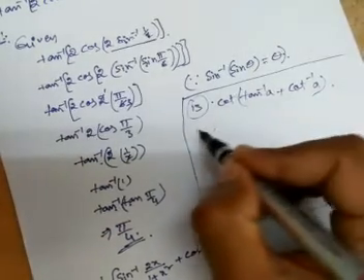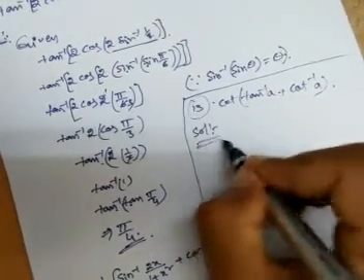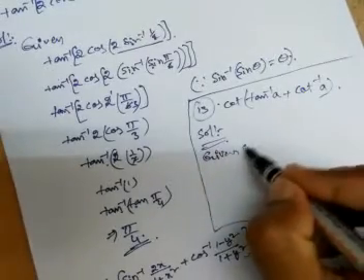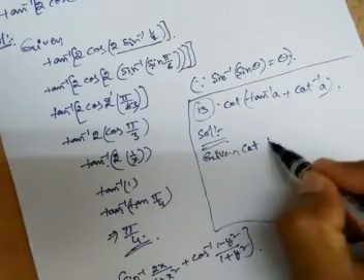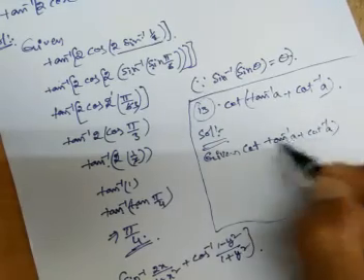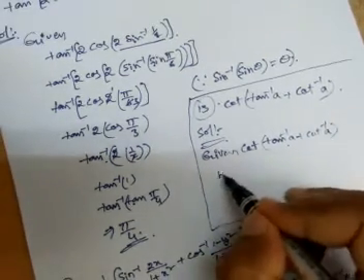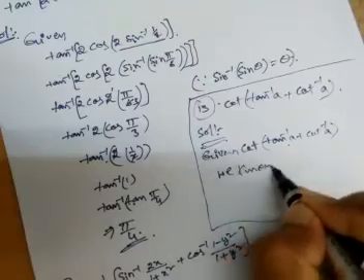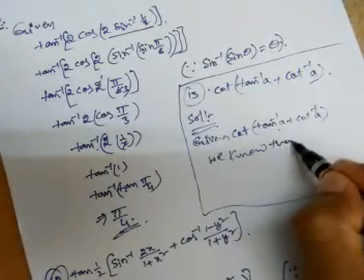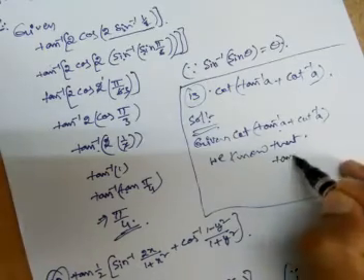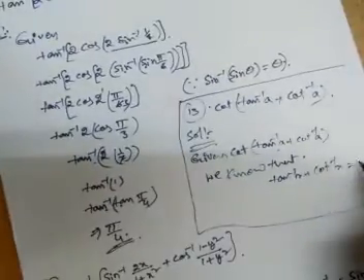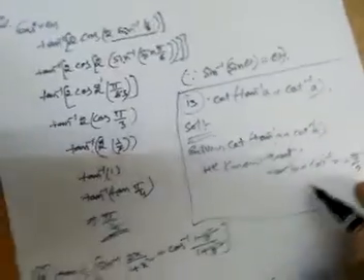So solution. Given cot of tan inverse of A plus cot inverse of A. We know that tan inverse of x plus cot inverse of x equals pi by 2.